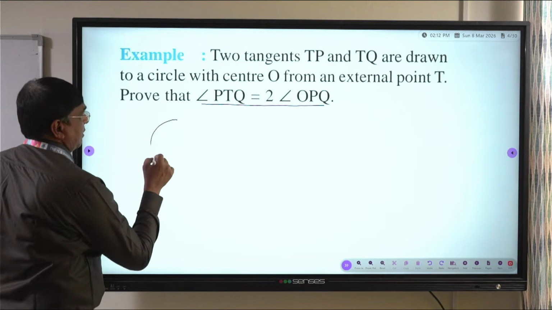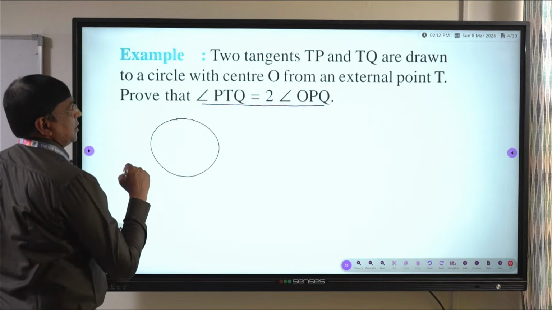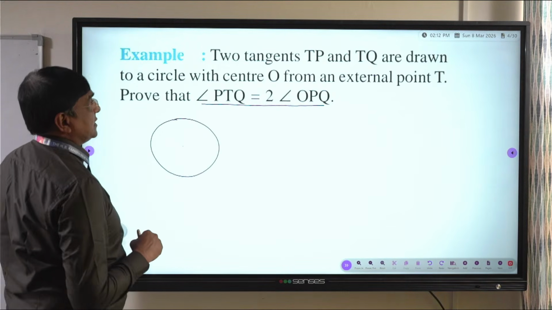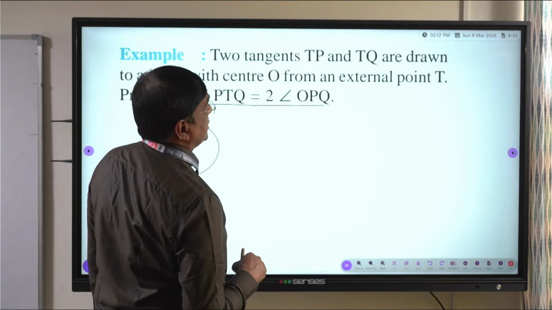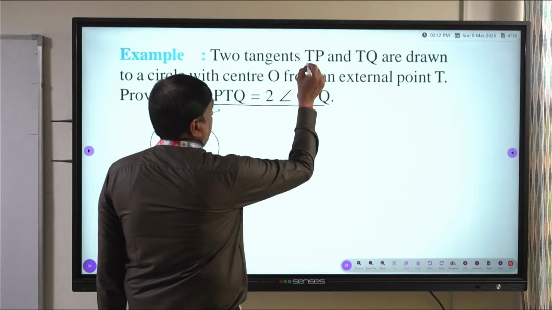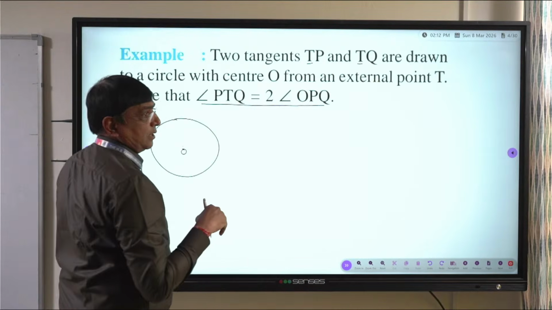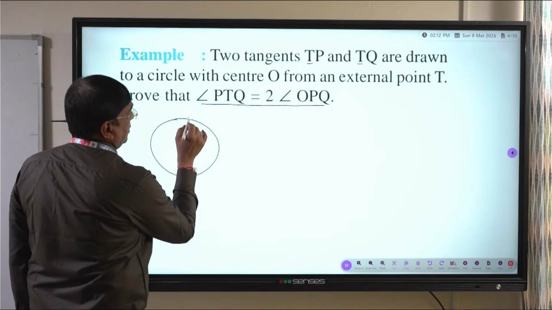First of all, the diagram is a circle with center O, given two tangents TP and TQ, meaning point T is common, that is your exterior point.